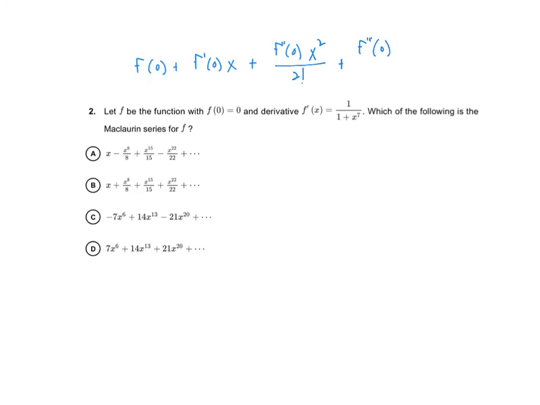Third derivative at 0, x to the third over 3 factorial. Okay, and so we've already got the first term is 0, f of 0 is 0. We could figure out this at 0 times x is just x, so we know it's either A or B. Maybe it's better, we could just take one more derivative and see if it's positive or negative, and that'll determine which one it is. So, yeah, better just take derivative of this.